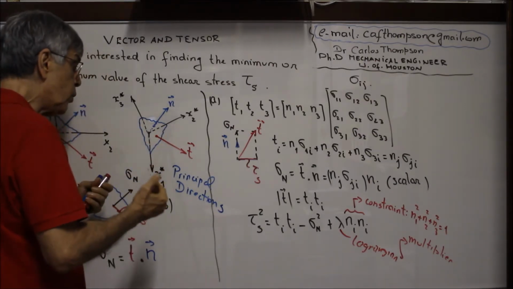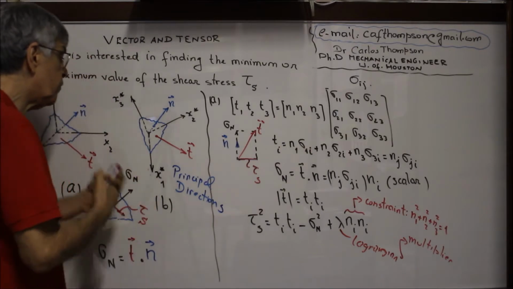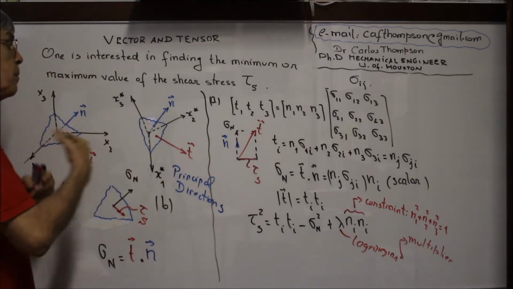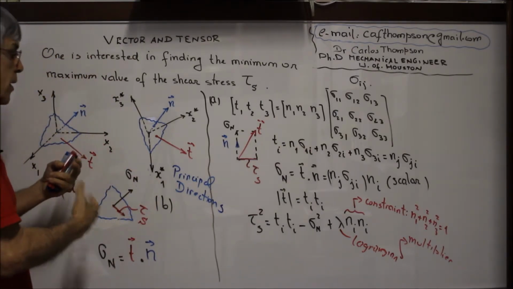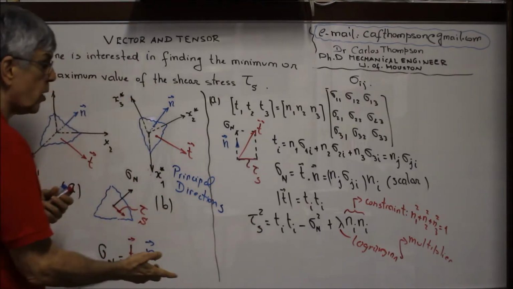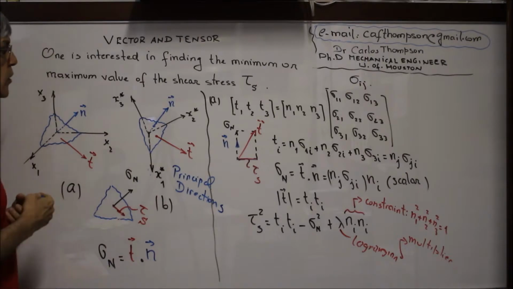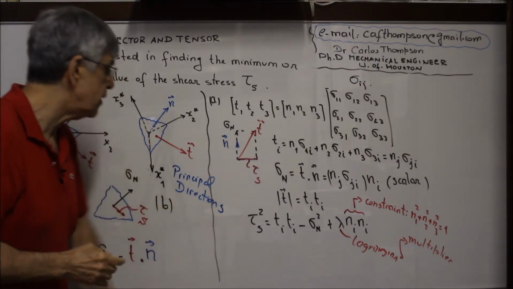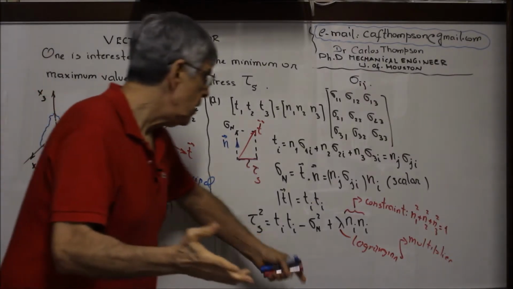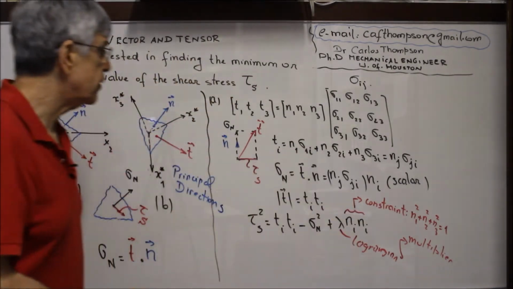So I will find another, simpler way to express the same tau s squared using the principal directions. I'll not minimize this yet, using obviously the same constraint.